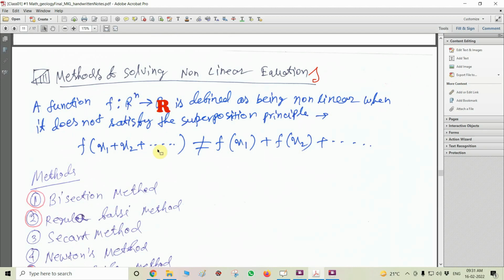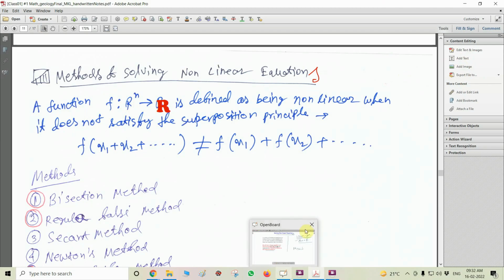Rational number? You are near to that, but R to the power n means real vectors of n cross 1 matrices, meaning only one column will be there.